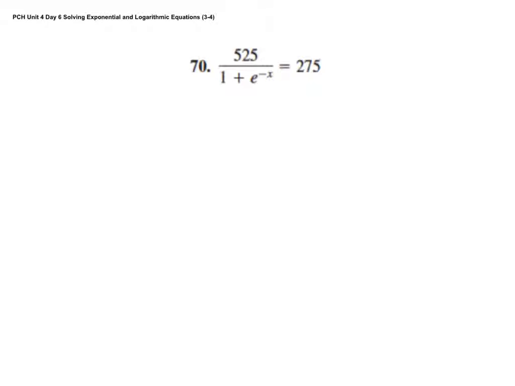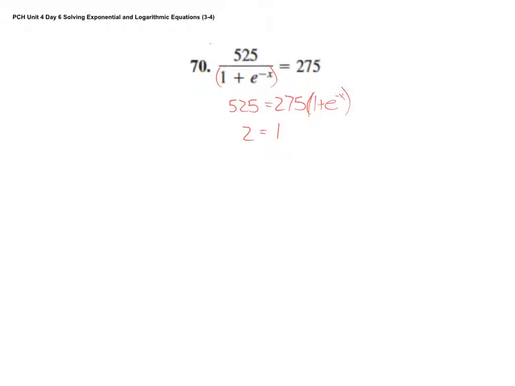We're going to multiply both sides by this 1 plus e to the negative x. So we have 525 equals 275 times 1 plus e to the negative x. Then we're going to divide by 275, which actually ends up equaling 2.